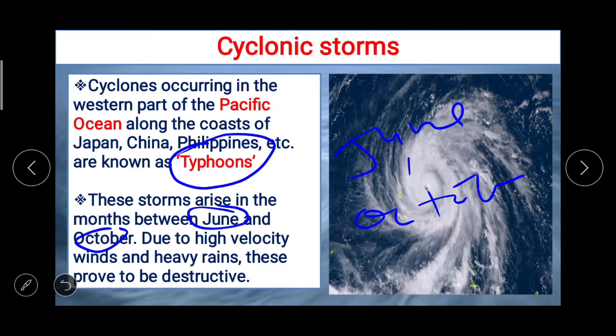Due to high velocity winds and heavy rains, these prove to be destructive because of the high velocity of winds and heavy rain. These cyclones, typhoons may prove to be destructive.